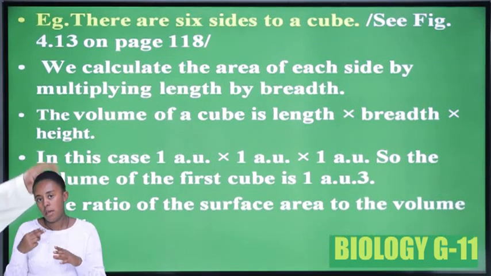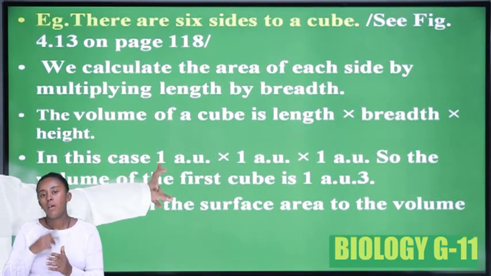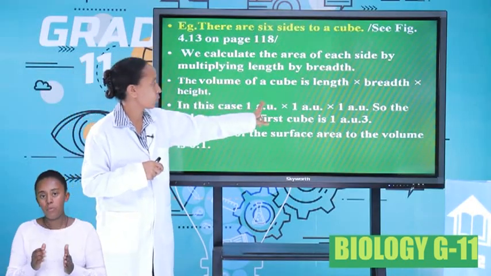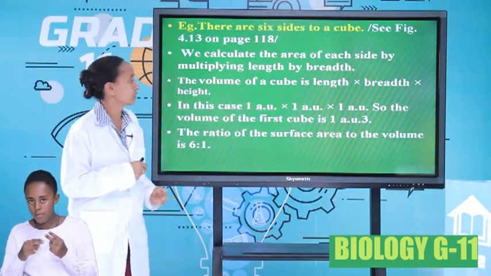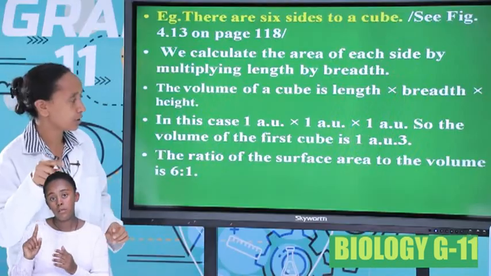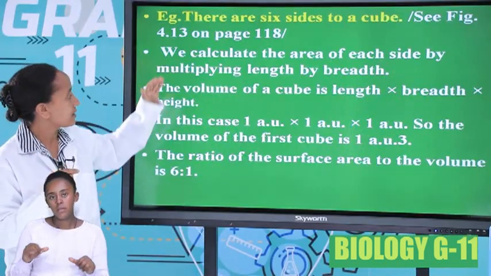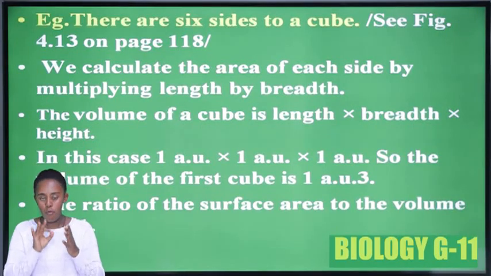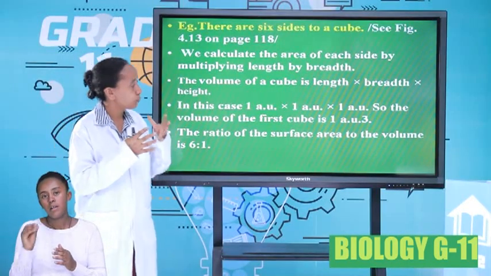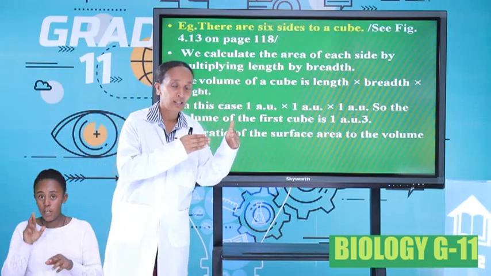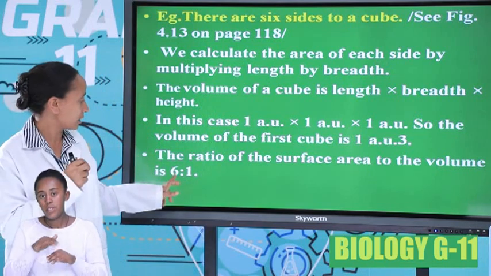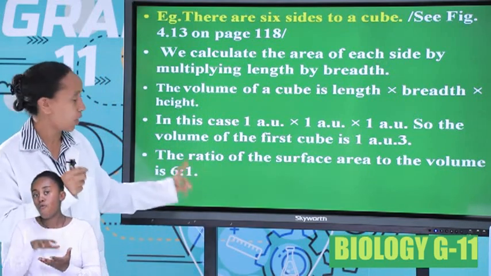For the first cube, with 1 unit length, the volume is 1 times 1 times 1, which gives 1 arbitrary unit cubed. The surface area gives 6, so the ratio of surface area to volume is 6 to 1.